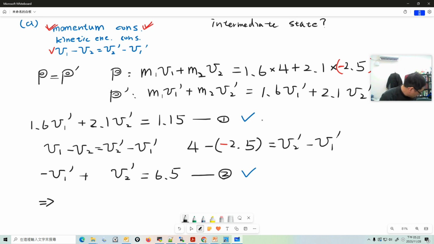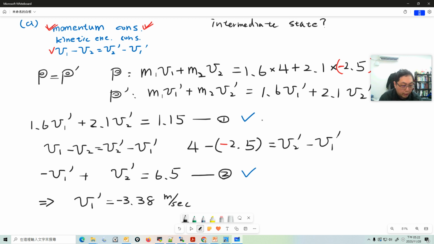What are the answers? v1 prime is equal to 3.38 meters per second, but it has a negative sign, so it's moving to the left.